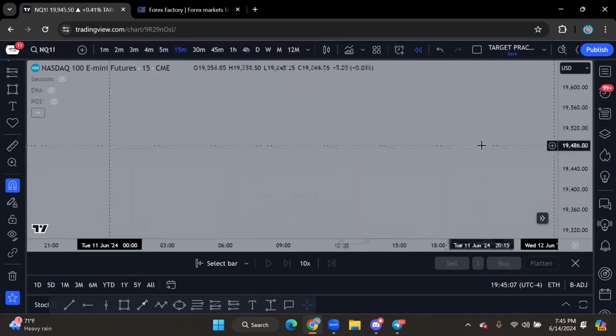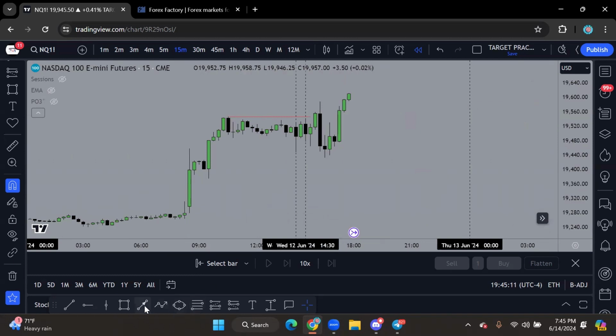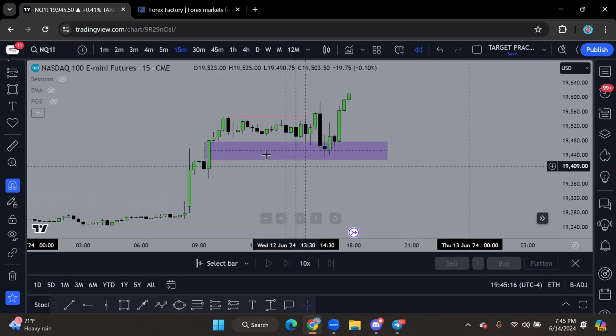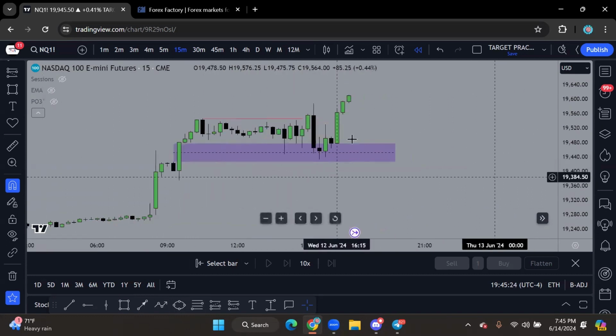If we're looking at the time frame just above the 5 minute, we would see we have a bullish area. If we are going to be bullish, we would respect this and continue to move higher.